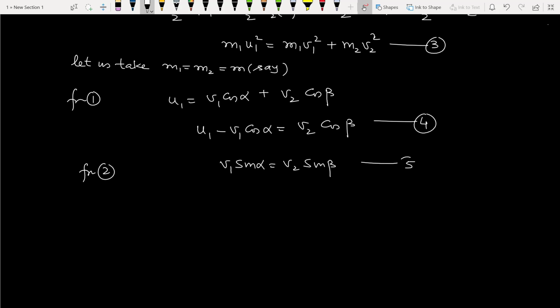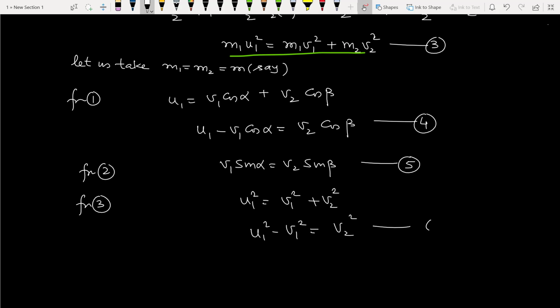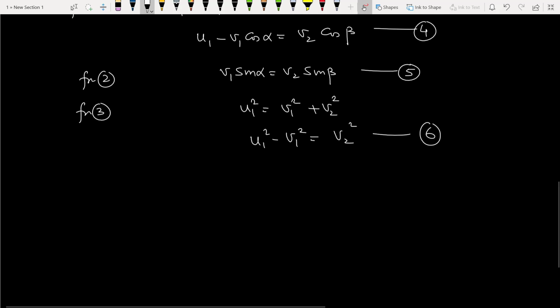We mark this as equation number 5. And from equation number 3, when we put m1 equal to m2, m will cancel out, so u1 square equals v1 square plus v2 square. This is equation number 6. So now we have simplified equations 1, 2 and 3 to 4, 5 and 6, and now we are to solve these three equations.